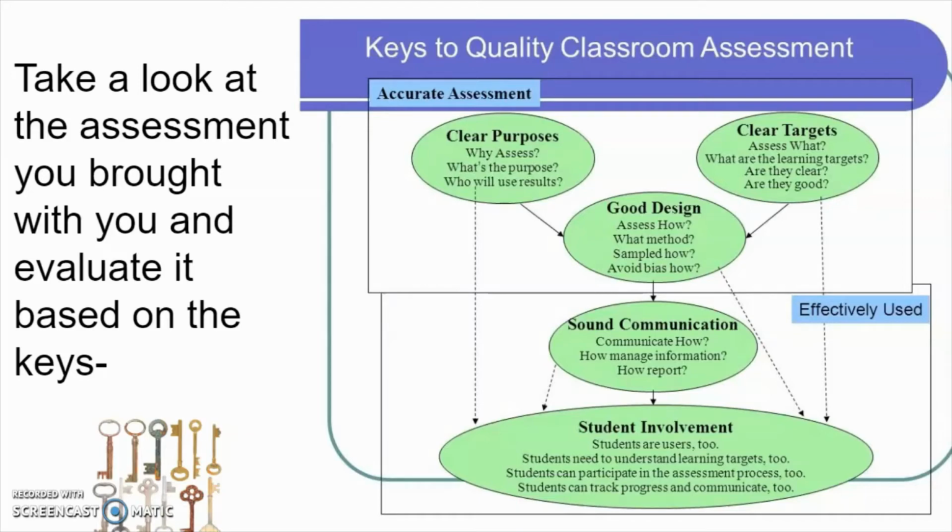Are there any biases in it? And then with the communication, how are they going to communicate the results, or how normally do they communicate these results? How do they report it? And again, all of these point down to this big idea of student involvement, that students need to understand the learning targets, they need to participate in this process, they need to track their own progress and communicate it as well.